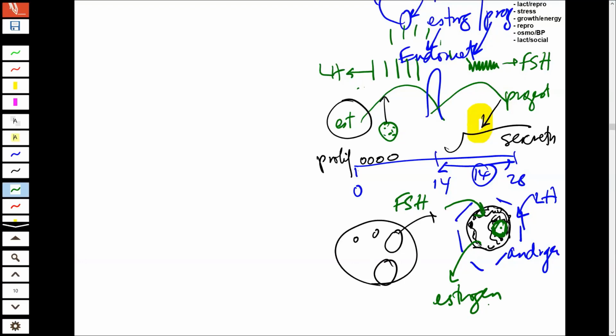So don't just write magical words. When I send you the picture, make sure you can draw all of this out so you can see the hypothalamus, you can see the anterior pituitary, you can see the follicle in the ovary with granulosa cells and thecal cells, and then in the endometrium, proliferative to secretory. Okay, so that's worth practicing.